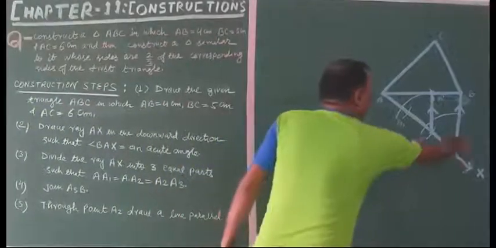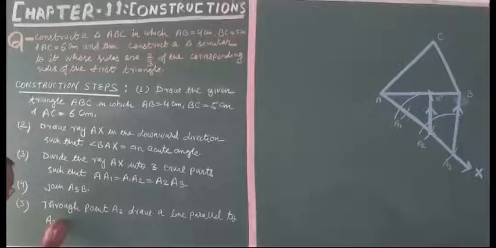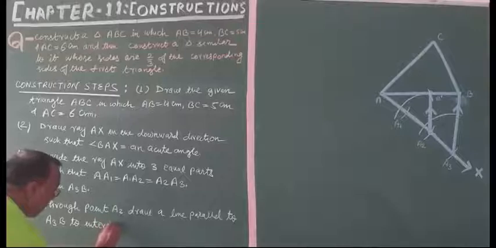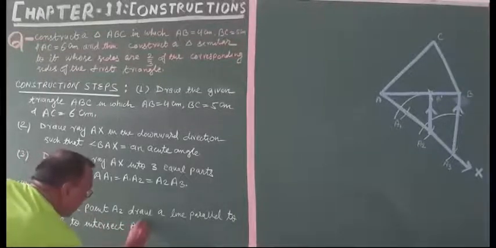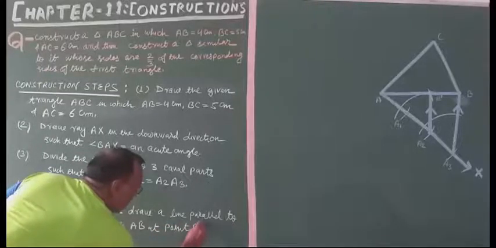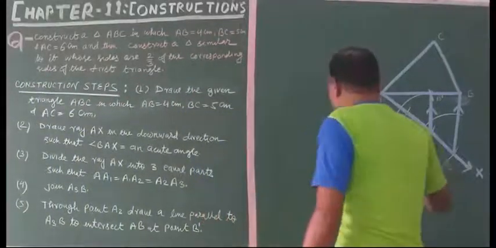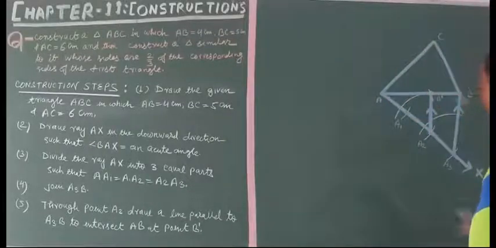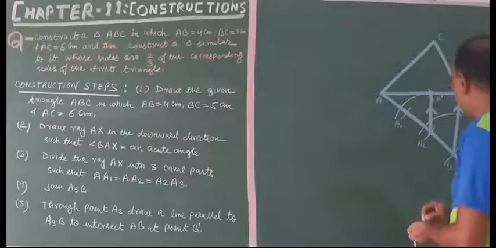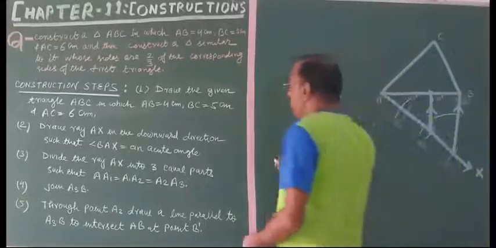This one, A3B, to intersect AB at point B dash. Through point A2, draw a line parallel to A3B to intersect AB at B dash. Is it there?